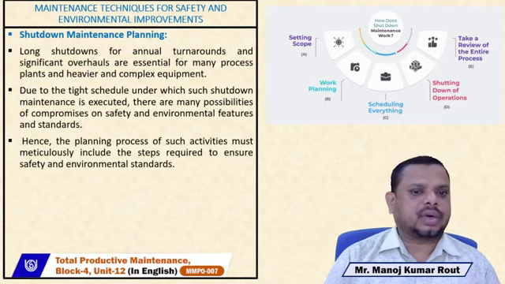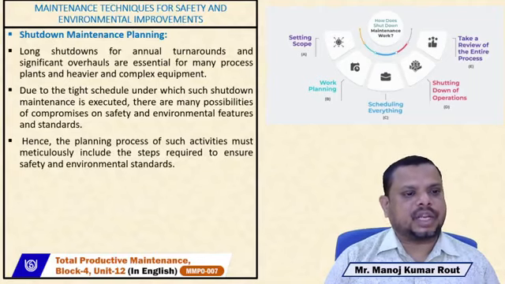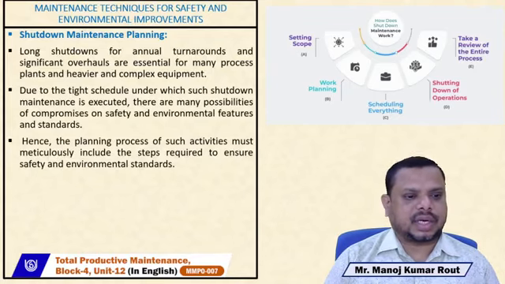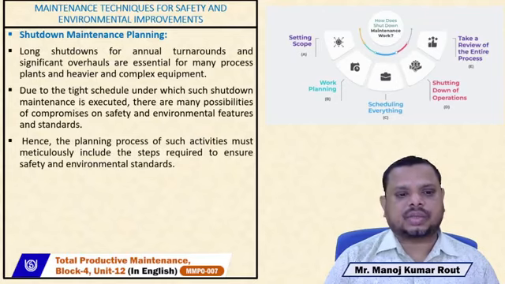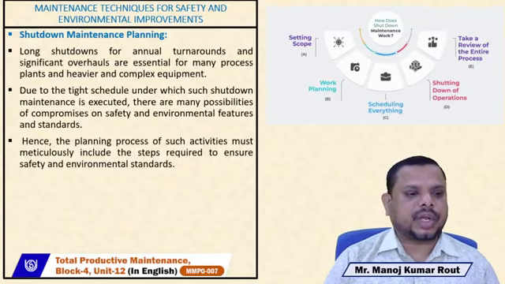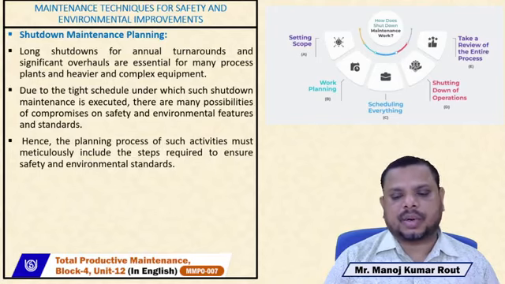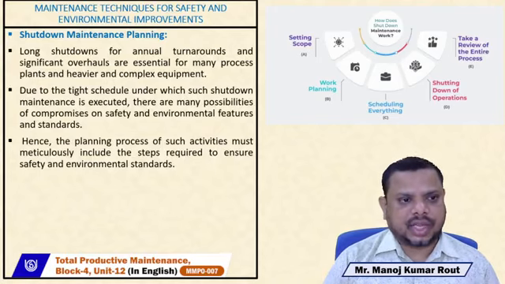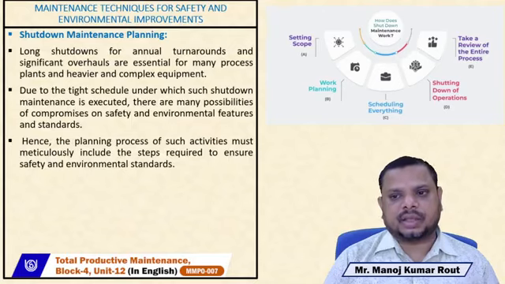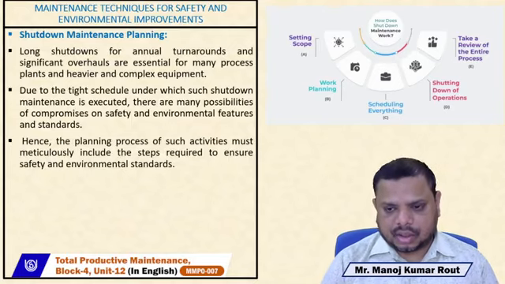Due to the tight schedule under which such shutdown maintenance is executed, there is a possibility of compromise on safety and environmental features and standards. Hence, in the planning process, the activity must meticulously include the steps required to ensure safety and environmental standards.